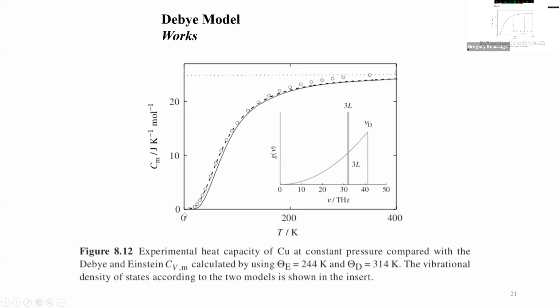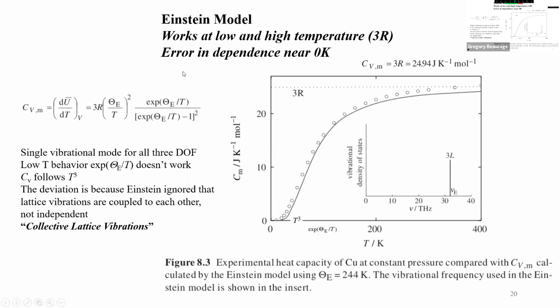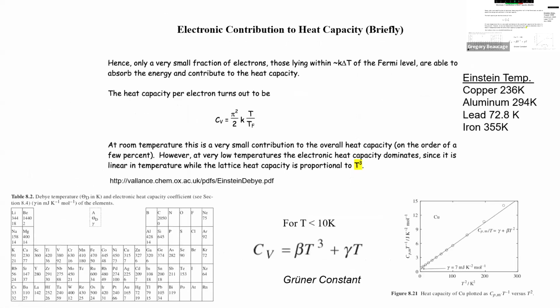For the Einstein, in that region, it's got this exponential function, an exponential theta E over T dependence, and it doesn't match, it doesn't work. Right, so the Debye fixed this part that people were interested in because of something like superconductivity. You can see the two functionalities down there, and the Debye one works. So that's kind of the idea of that.